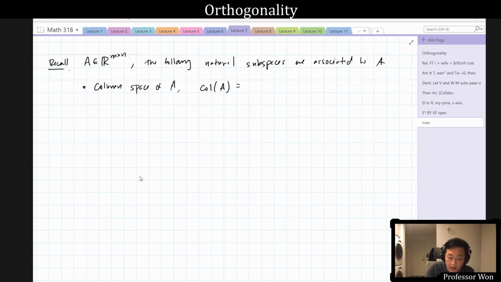And there's more than one way to write it down. It's all the Ax's as x is in R^n. So every possible vector that you can get after you multiply by x. Since you're multiplying A by x, what you get is a vector in R^m. This is a subspace of R^m. Okay, and it's the same thing as the span of the columns of A.